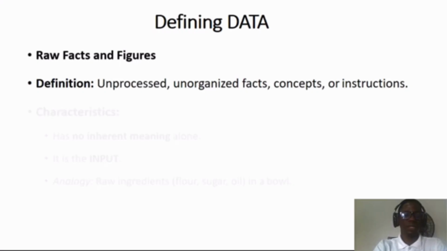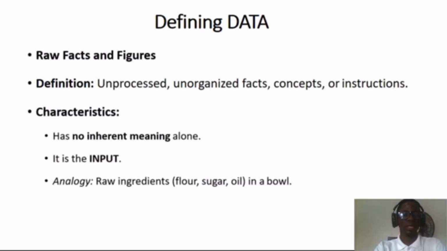Now let's look at the characteristics of data. Data has no inherent meaning alone. It is the input. For example, using flour or raw ingredients, we have the flour, the sugar, the oil in the bowl. To make things easier, we could use the form when you're filling a form online. Let's say you're registering for your Facebook, your WhatsApp.